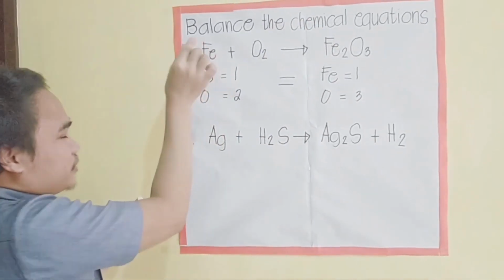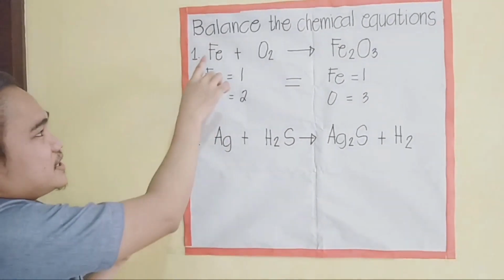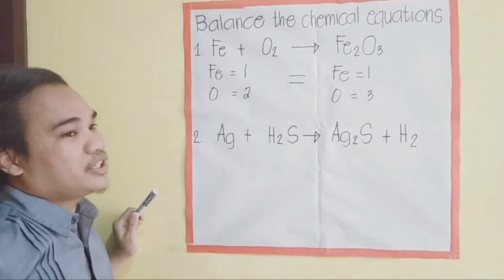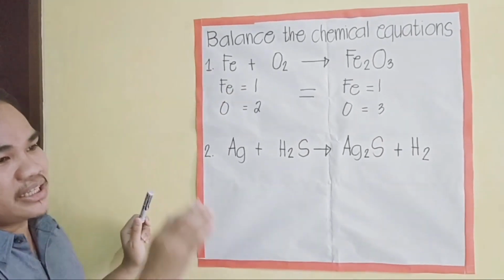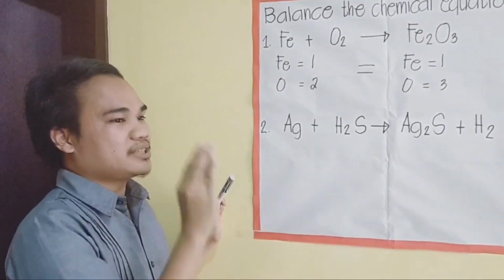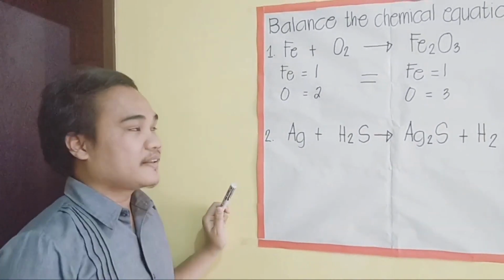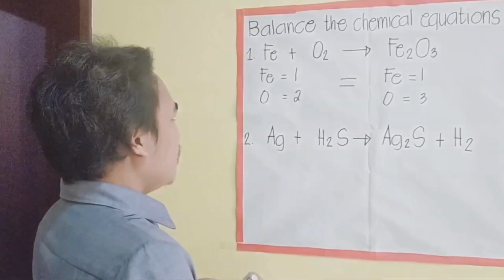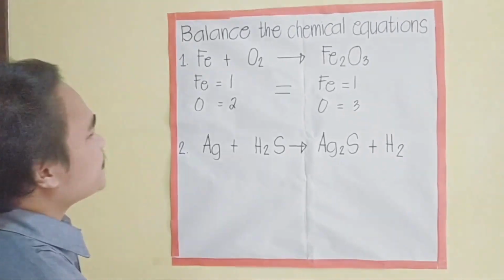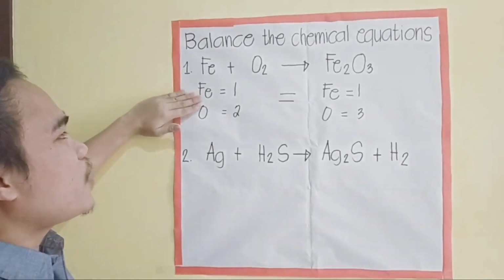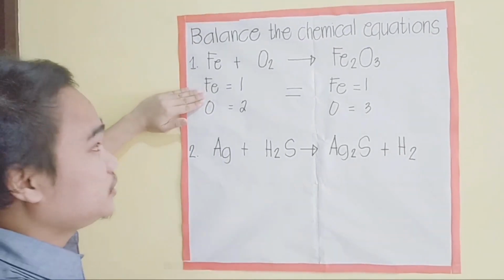So for example, number 1, there is 1 value, because always remember that if there is no value, automatically there is 1 value. Okay, so therefore, in the left side, we have 1 atom of iron.